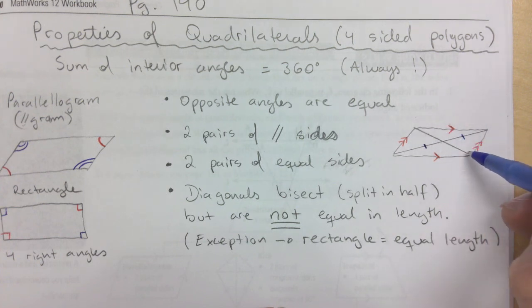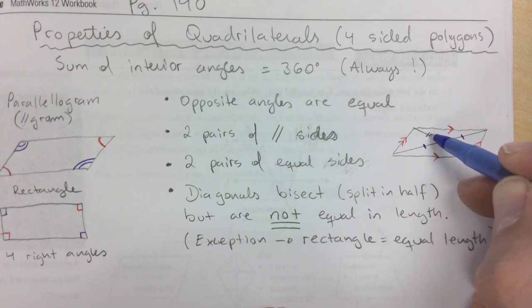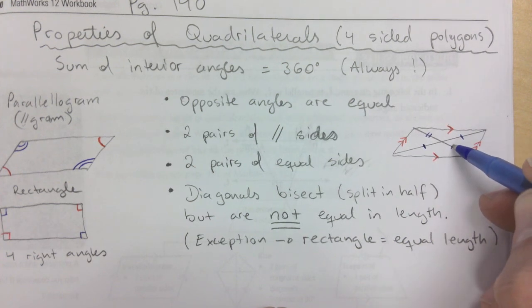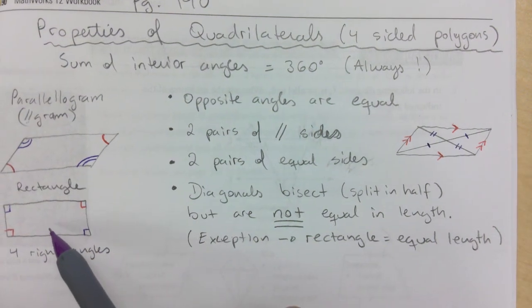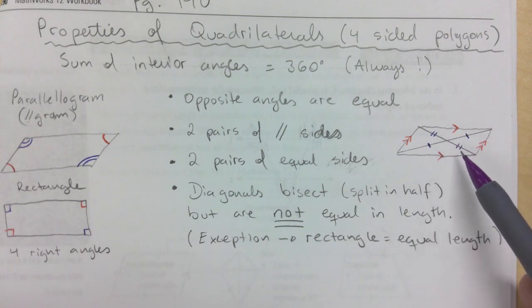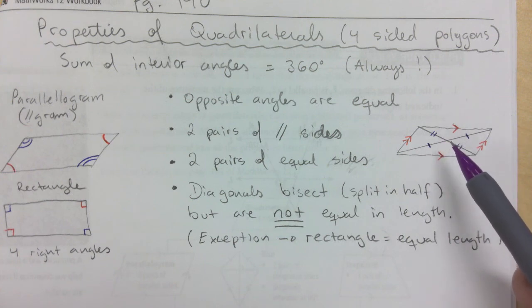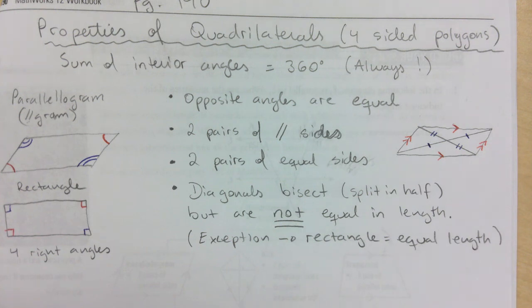And coming along the shorter diagonal, this stretch over here would be the same length as this stretch over there. For a rectangle, like this guy right here, all four would be the same because you're actually talking about two diagonals that are the same length, but this is a parallelogram. Okay? So keep that in mind.